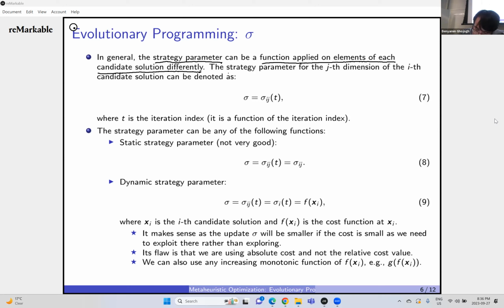So the strategy parameter for the jth dimension of the ith candidate solution, we can write as sigma ij, because for every dimension of every candidate solution this function might be different. So sigma ij is applied on feature j of candidate i, and it's also a function of iteration index. t is the iteration index.